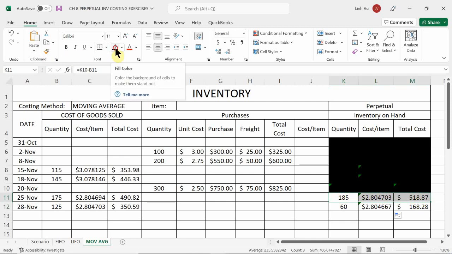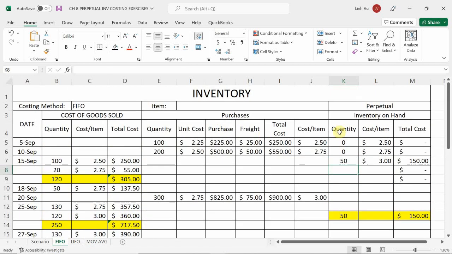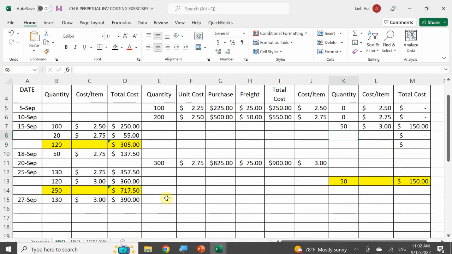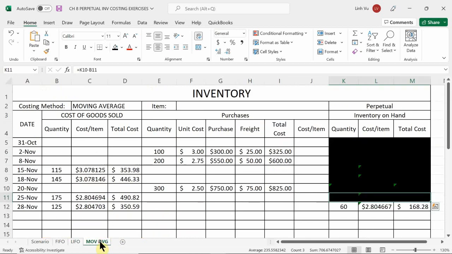All right. So there we have it. All three methods. Using FIFO, we got rid of our first batches first, and we ended up leaving our last batch that we purchased as the remainder. Then we took a look at LIFO, where we ended with our beginning inventory, so every purchase that we made, we ended up selling. And then of course our average, we didn't care.